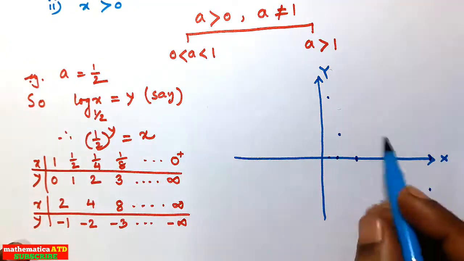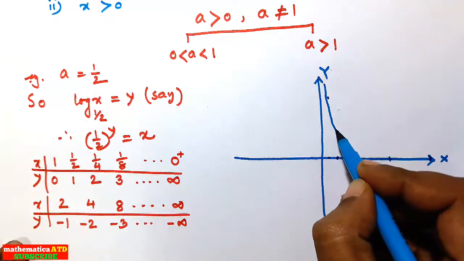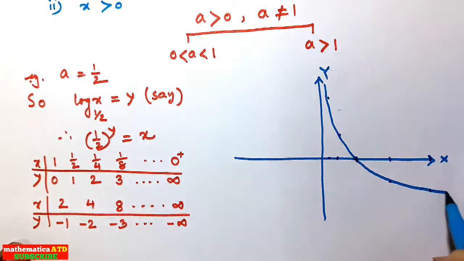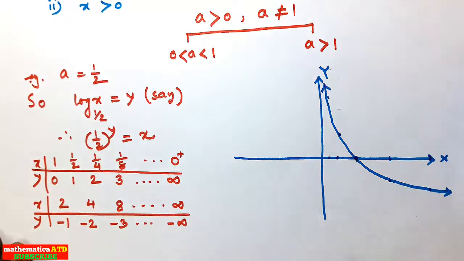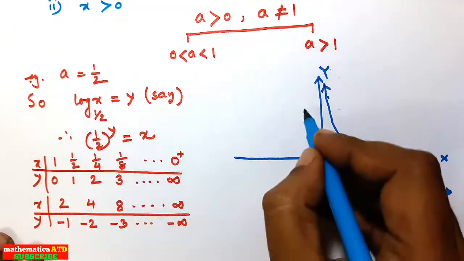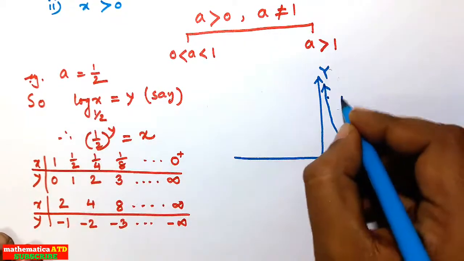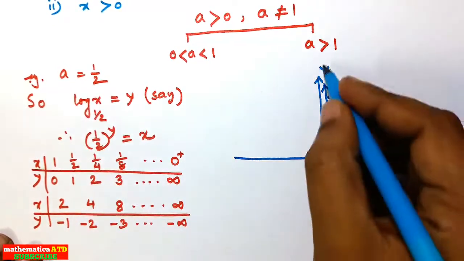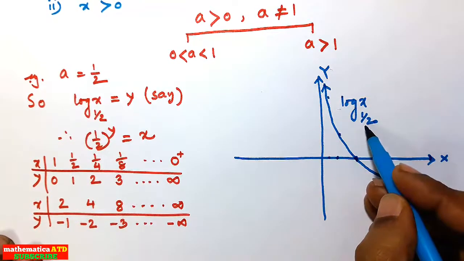Now we shall join these points, we shall get a freehand curve like this. This is log of x base a, that means log of x base half. This is the curve of log of x base half.